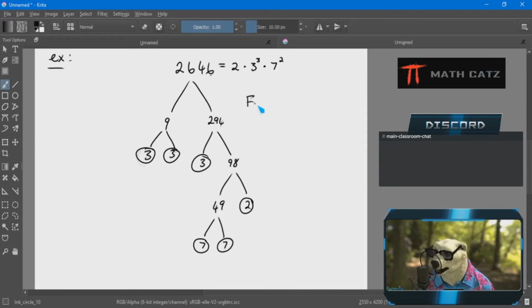So I could make some random factors. I'm not going to make them all. There's a lot of them. I could have 2 and maybe a couple of 3s. That's going to be a factor because it fits in the building blocks of my number. I could have maybe a couple of 3s and a 7 because it fits. I can't have a couple of 3s and 3 7s.